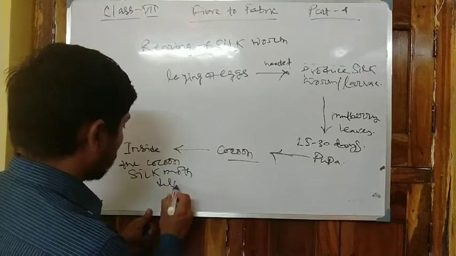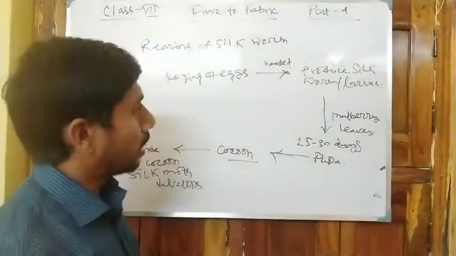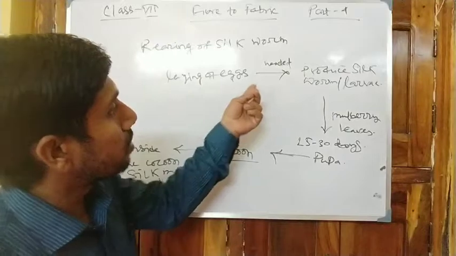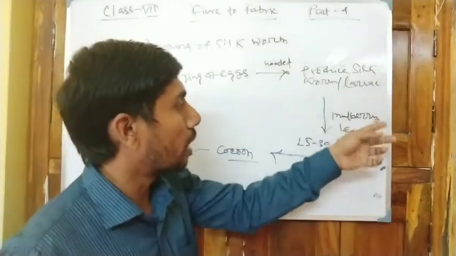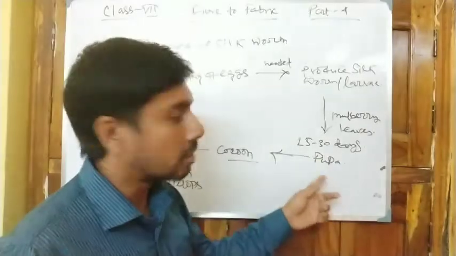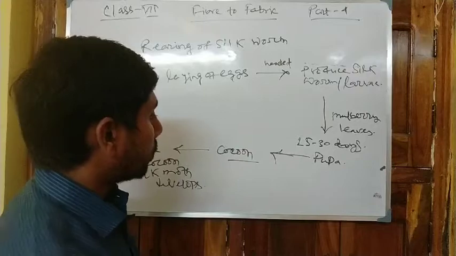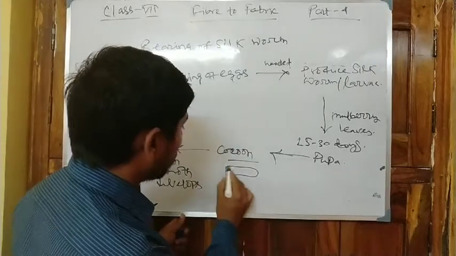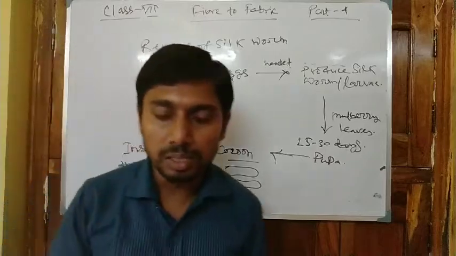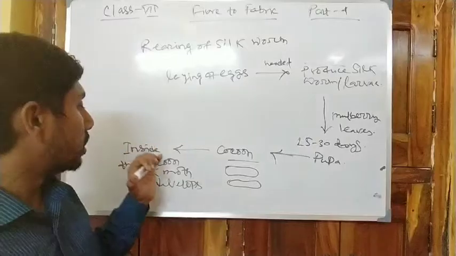So this is the life cycle of the silkworm: laying of eggs, heated, produce silkworm or larva, then it lives on mulberry leaves, and after 25 to 30 days it makes pupa, then the formation of cocoon, and inside the cocoon is the complete generation of the silk moth.